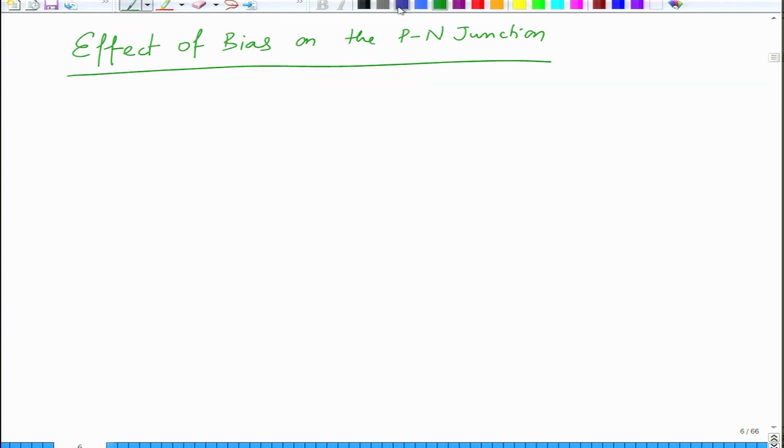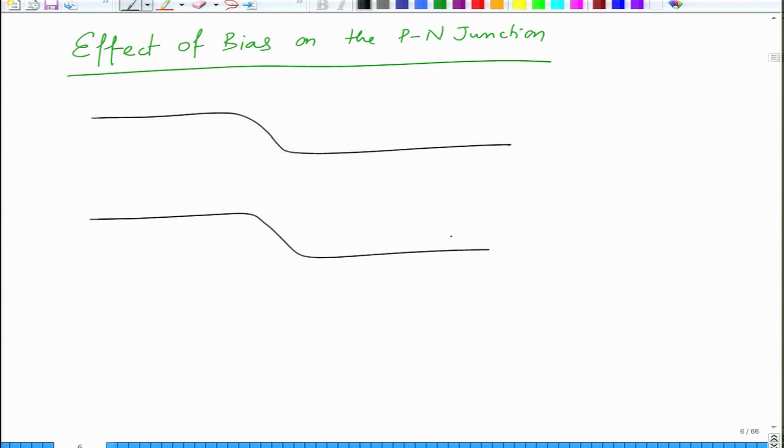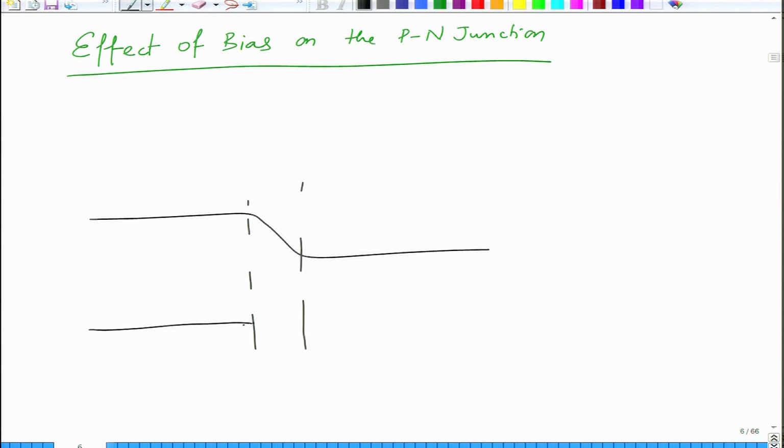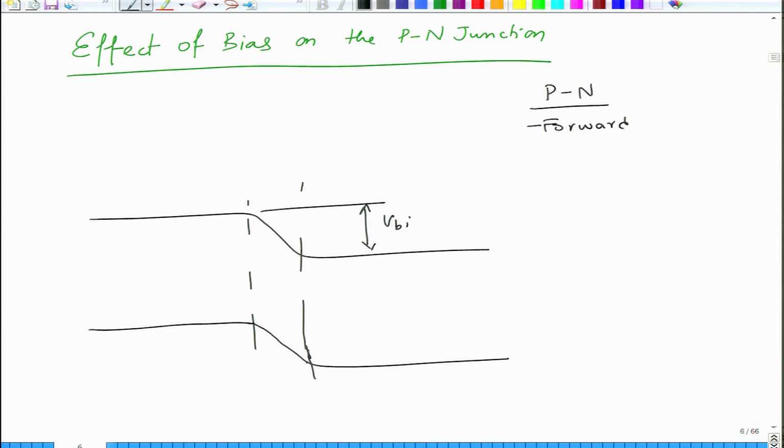So essentially, if this is your PN junction, and we said that this is VBI, what do we mean by bias here? Bias in a semiconductor PN junction is called either forward bias or reverse bias. What does it mean?